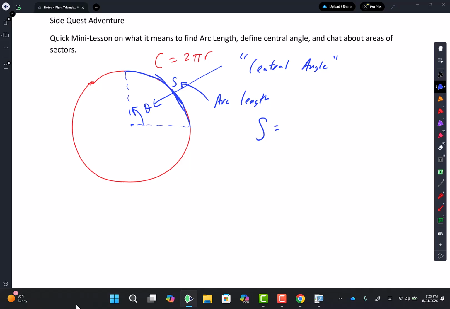So S equals theta over how many degrees in a full revolution? 360, times 2 pi r. This is if degrees. Nothing cancels out, see?